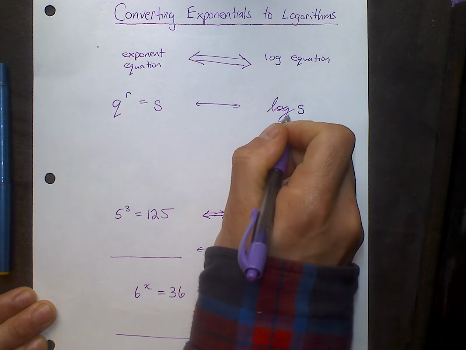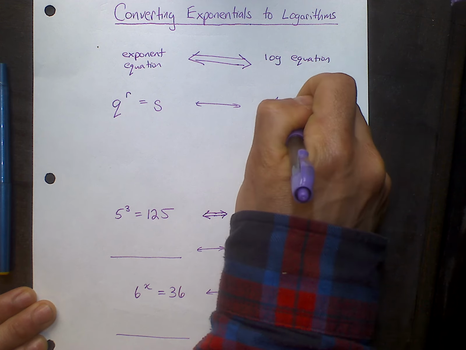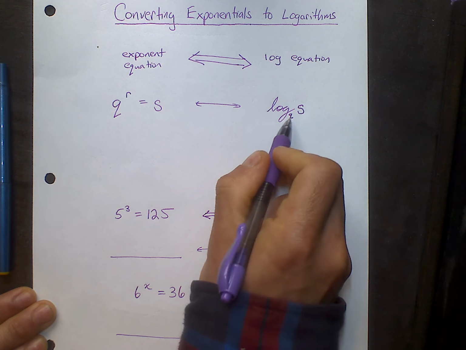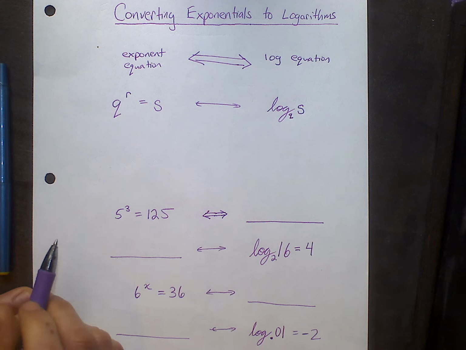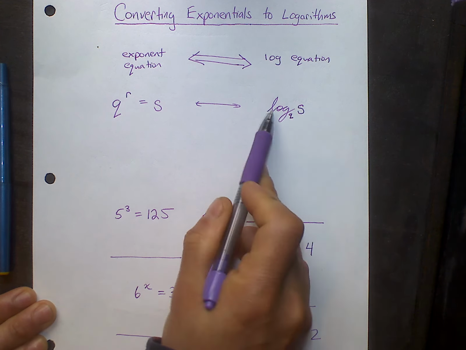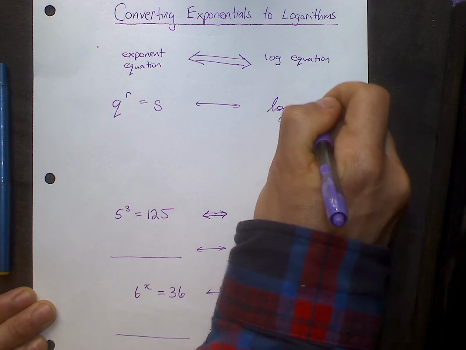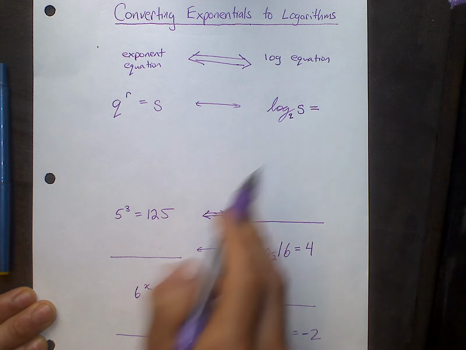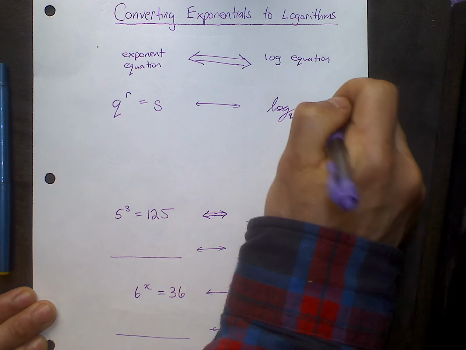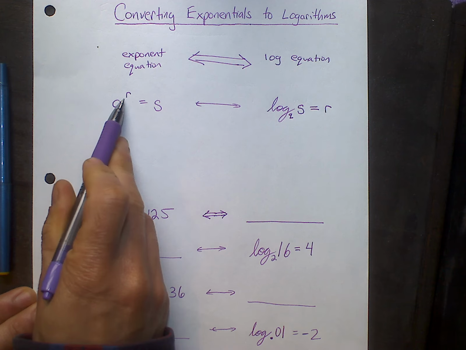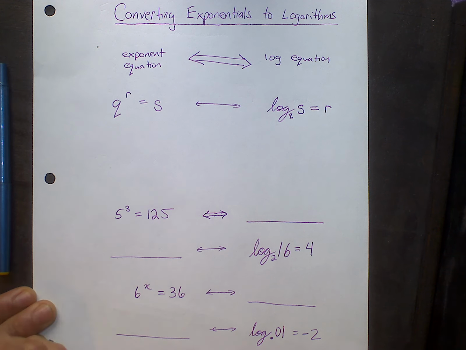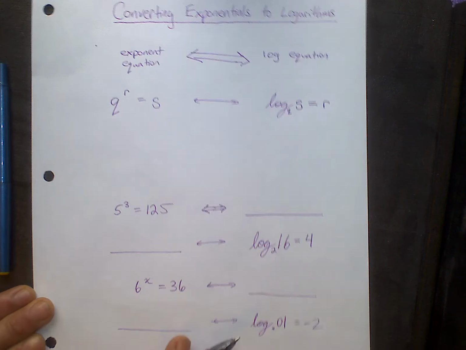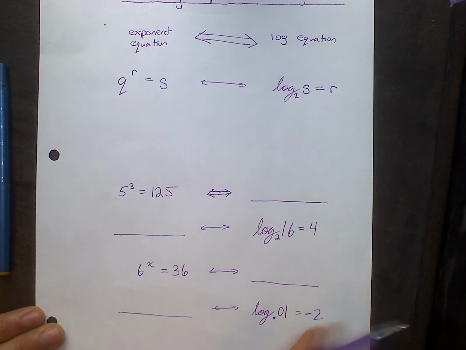The base of the log is written small and like a subscript between what you're taking the log of and the word log. Then the output of the log equation is actually what was the exponent of the exponential equation. So all we're doing now is we're just practicing changing the form.